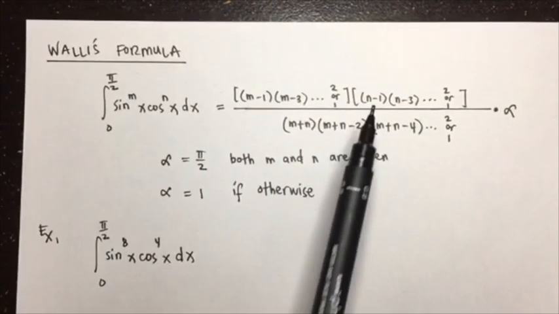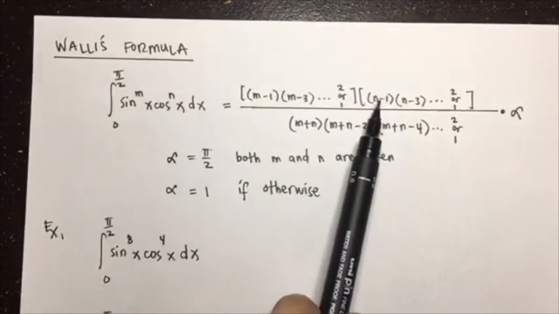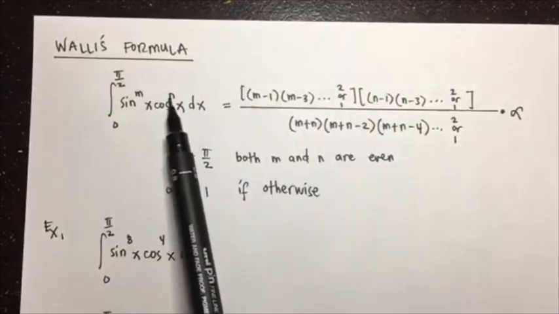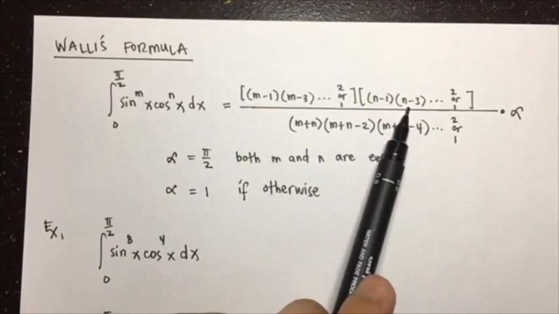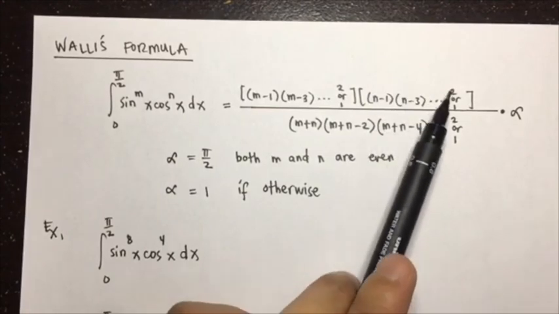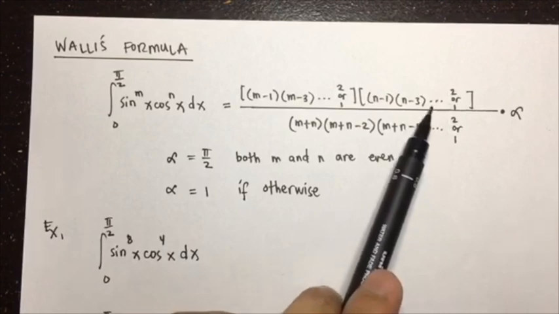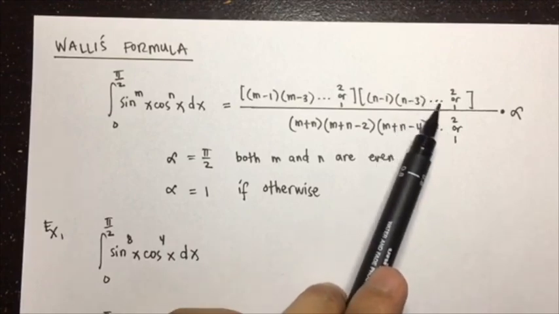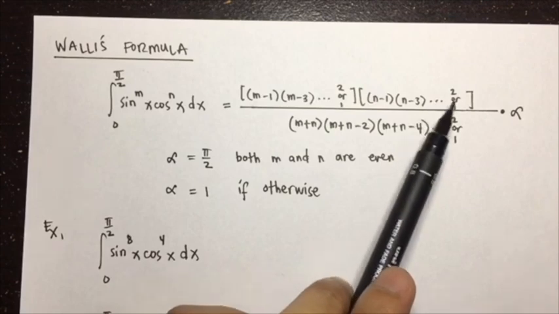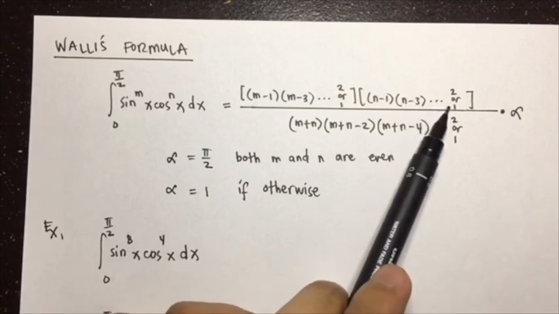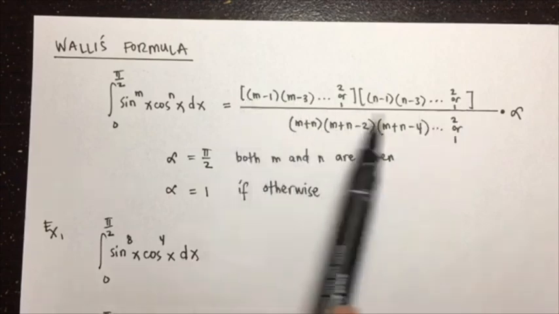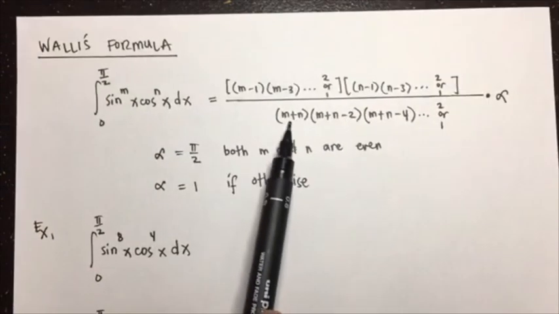And in the same manner for n, which is the exponent of cosine. We start with n minus 1, n minus 3, and if that's not 2 or 1, we continue with n minus 5, n minus 7, n minus 9, until it becomes 2 or 1. Then divide it all by m plus n.